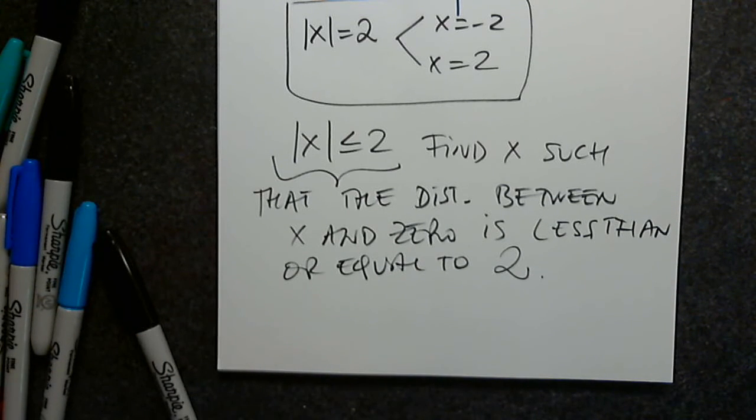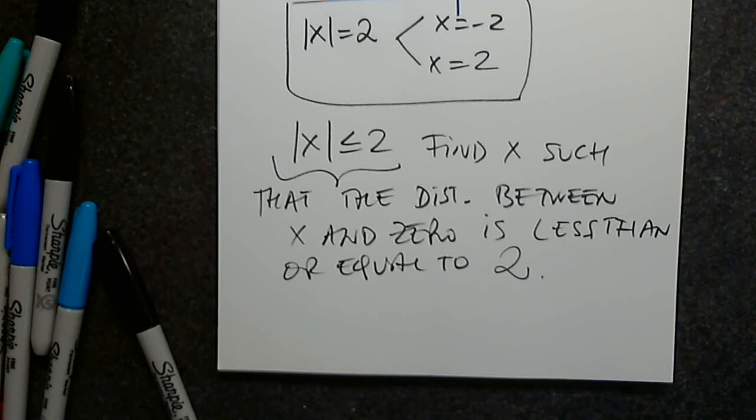Okay, so if you look at me for a second, we know that 0 is in the middle, and I'm asked to find 2 numbers whose distance from 0 is 2 units, -2 and 2. But now, with the inequality, I'm asked to find numbers whose distance from 0 is 2 or less.